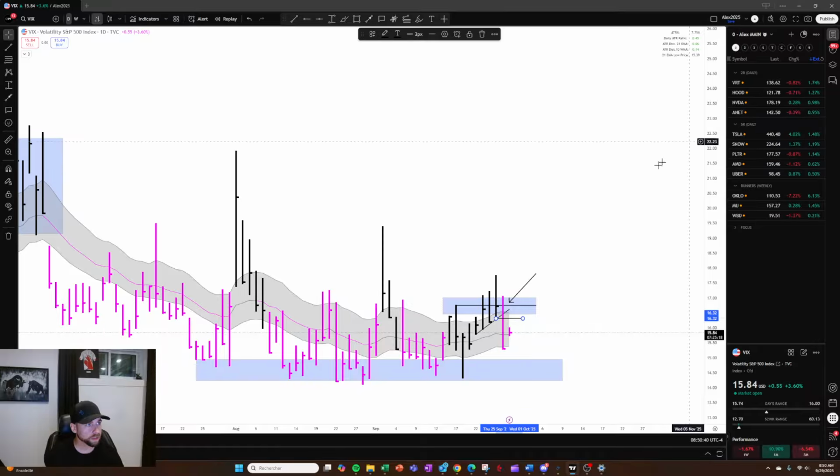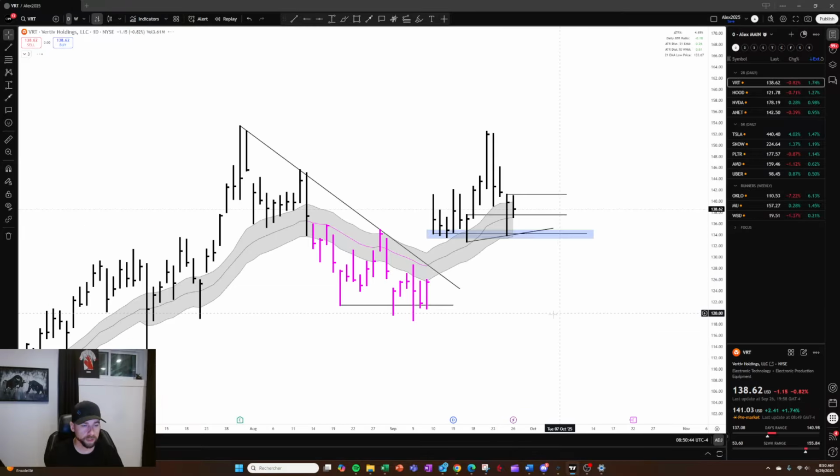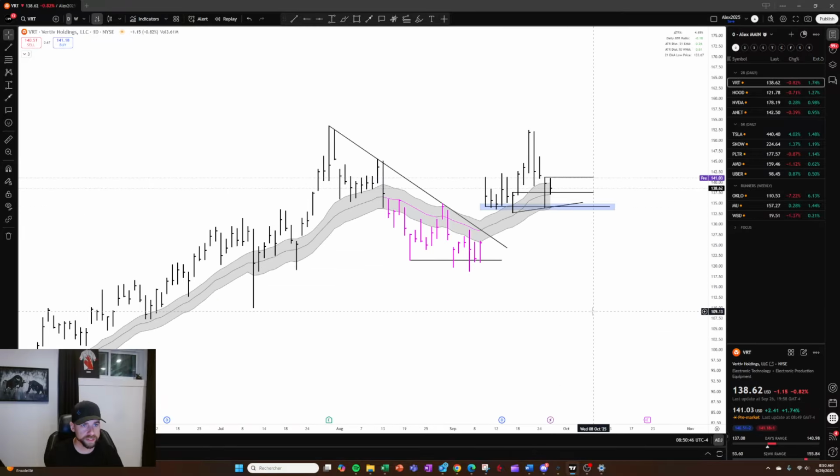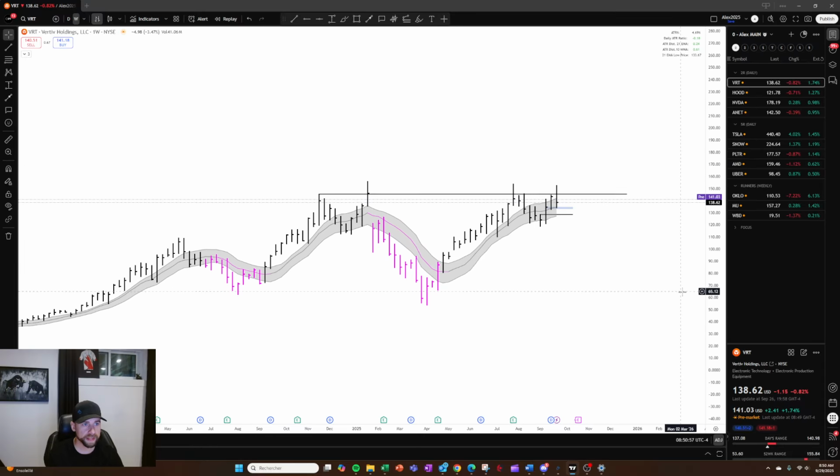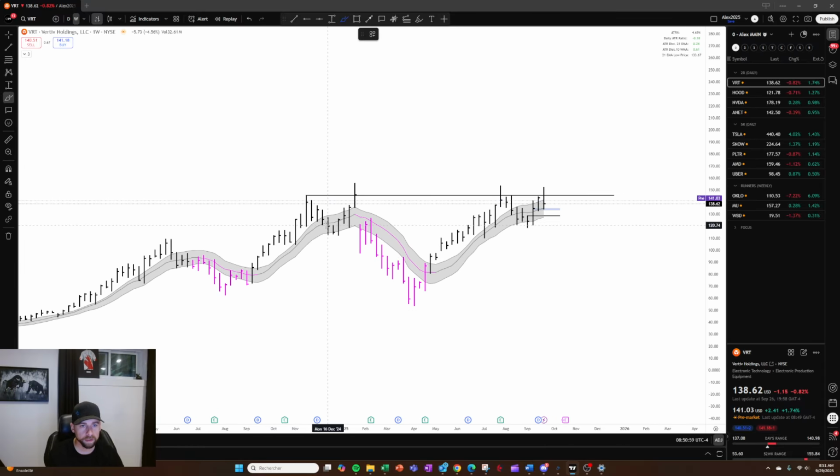All right, so let's look at the portfolio real quick and then the Focuslist. So the first one is VRT. Now the inside days here. I'm still looking at that weekly chart again.